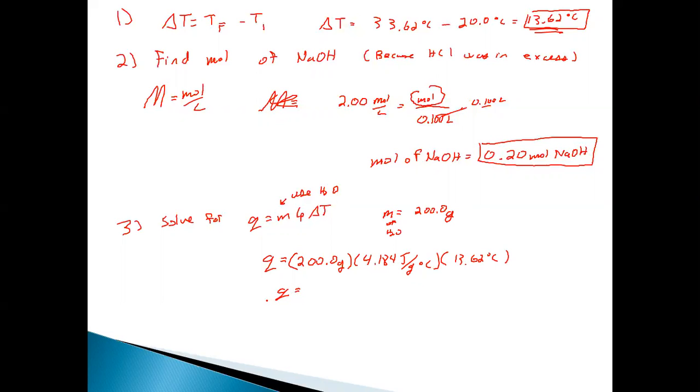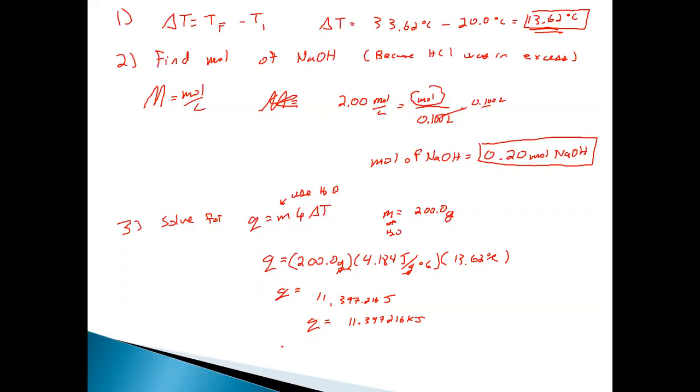Now, when I solve this, I got a value of 11,397.216 joules. Now I'm going to quickly convert that into kilojoules, and I'm going to round at the very end for my sig fig. So this becomes 11.397216 kilojoules. All right.